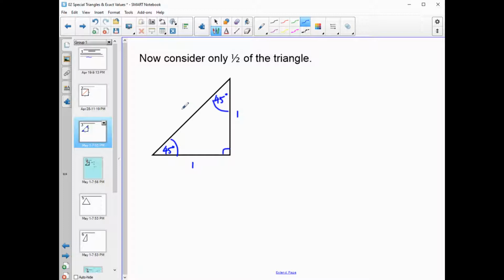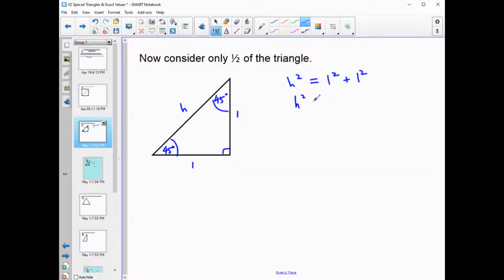And we have this unknown side, and I'm going to label that h for the hypotenuse. The Pythagorean relationship tells me that the hypotenuse squared is going to be equal to the sum of the squares of the other sides. But that's just going to be 1 squared plus 1 squared.